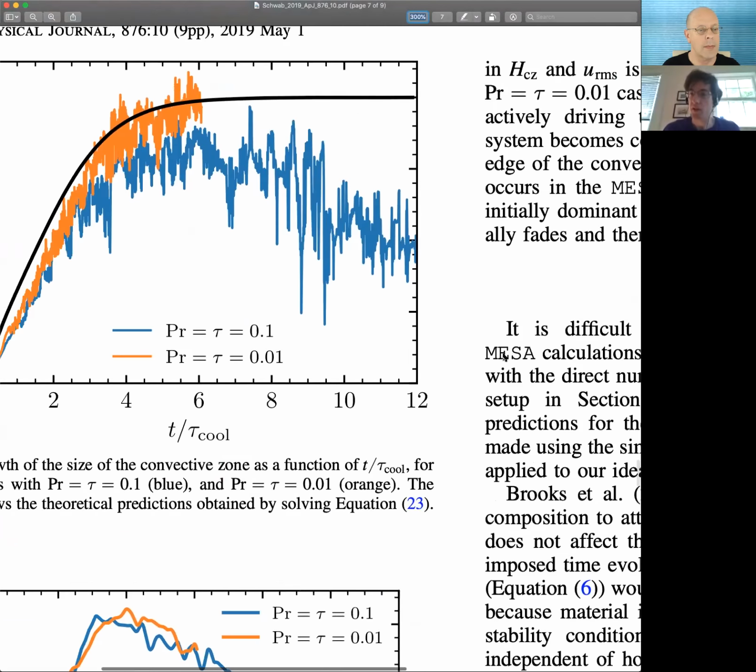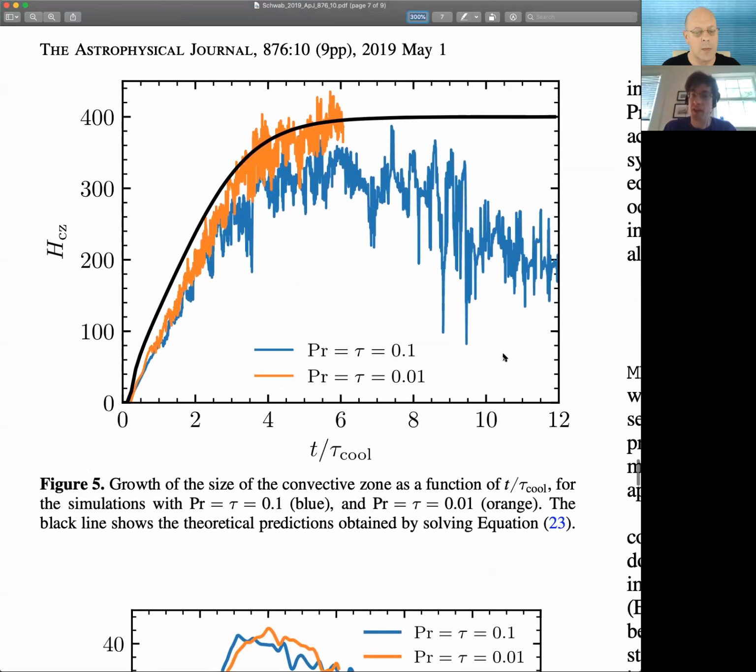So given that we made up this parameterized version of the cooling time, and we know the simplified initial conditions, you can analytically write down a prediction for what the size of the convection zone would be if I mix on the cooling time.